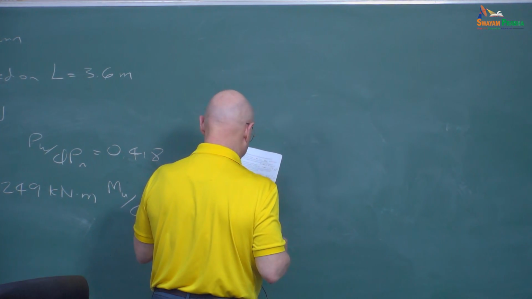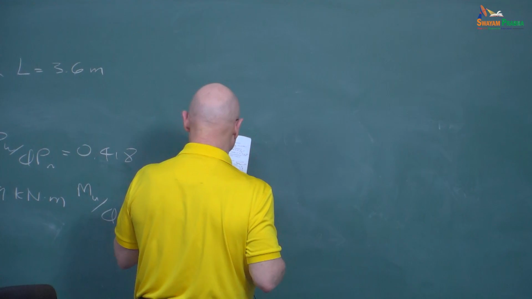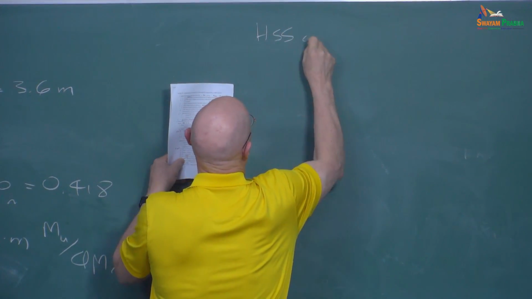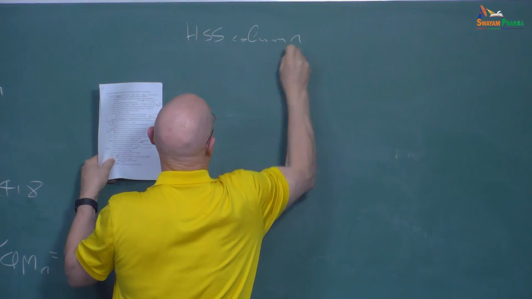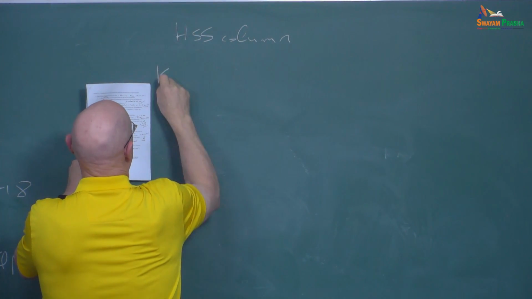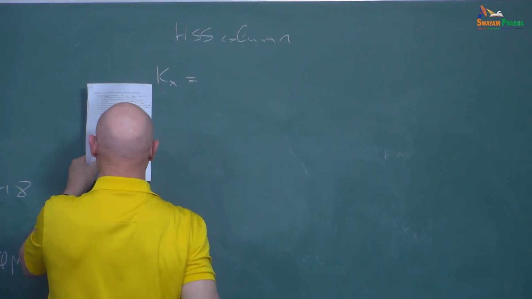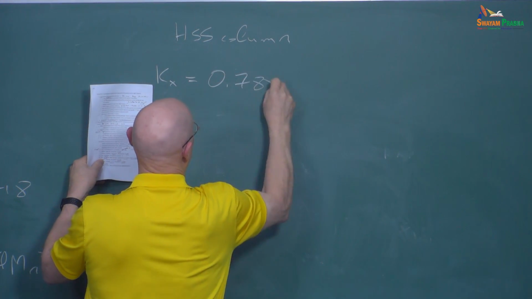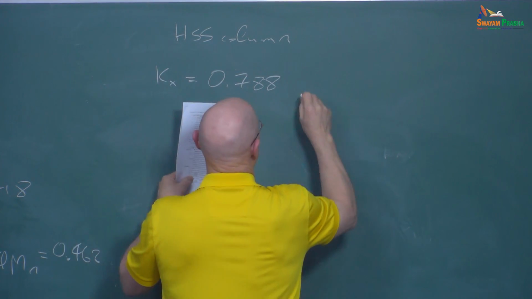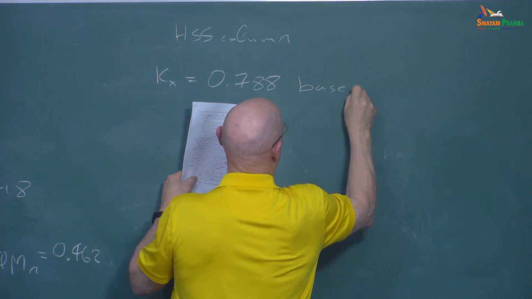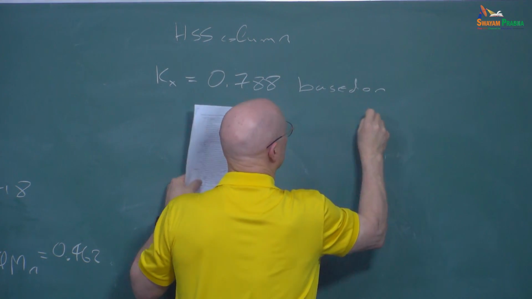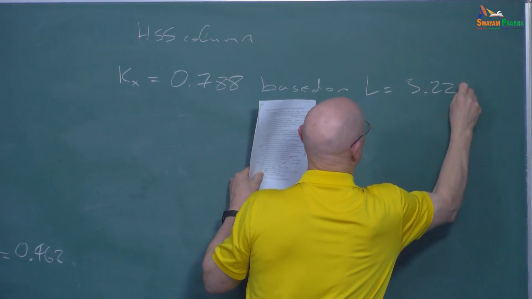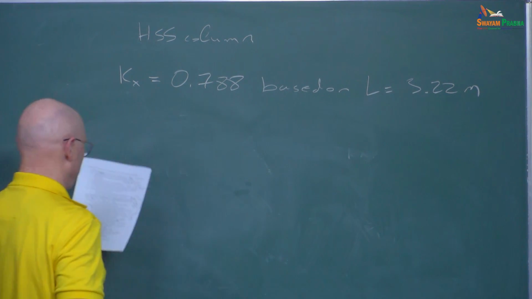But now the HSS column, if we back solve for Kx, we get 0.788, and I calculated that one based on L equal to 3.22 meters, so the length to the bottom of the girder.